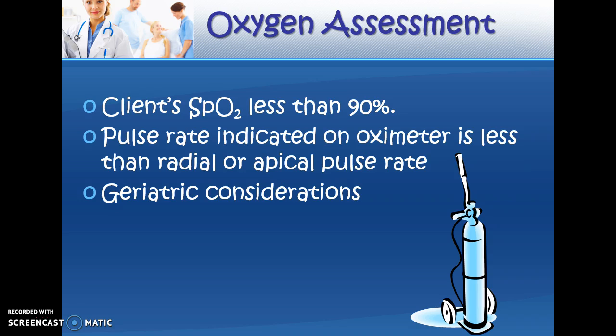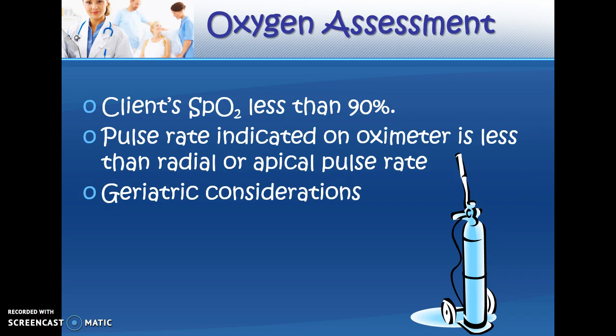The pulse rate indicated on the oximeter is a lot of times less than the radial or apical pulse rates, so we have to be aware of that. Make sure that you're taking an apical pulse and not just counting on that pulse oximetry pulse.